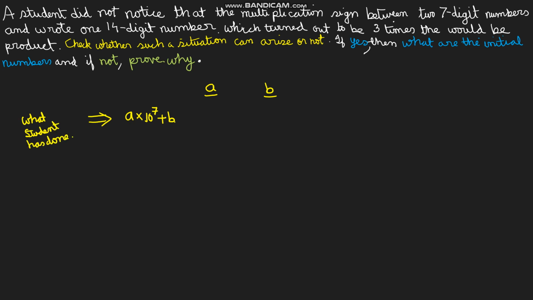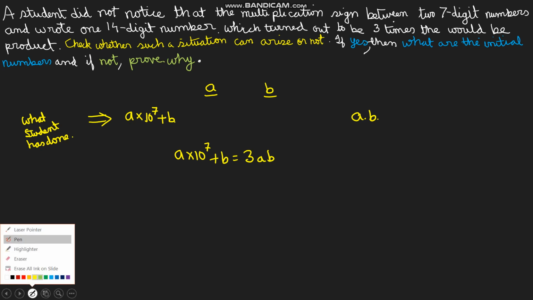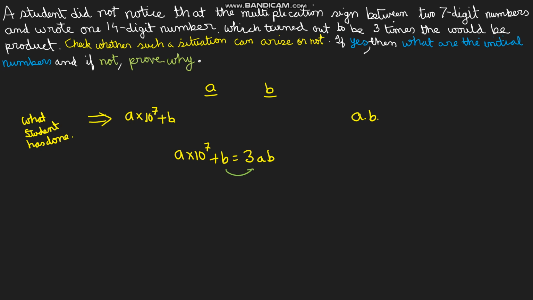And the would-be product was A times B. We are told that A times 10 to the power 7 plus B equals 3AB. Now, taking this B to this side, we can write A times 10 to the power 7 equals B times (3A minus 1).